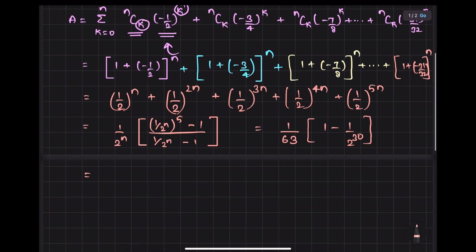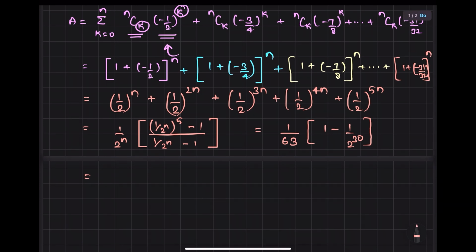This is the answer. Now look at this. So it is 1 minus something, means it is 2 power something minus 1. So can I take minus common, so that we will have 1 by 2 power n, and then 1 minus 1 by 2 power 5n upon 1 minus 1 by 2 power n.